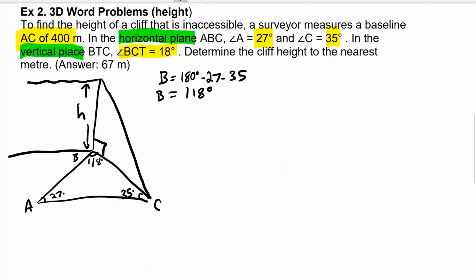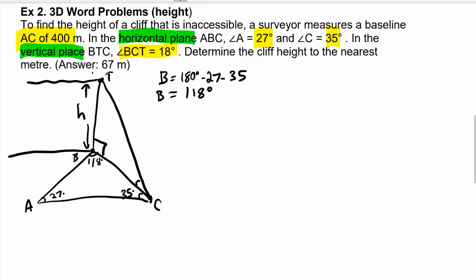I'm also told that in the vertical plane, BTC, so this is the top of my triangle over here. B is over here and C is over here. I'm told that angle BCT, going from B to C to T, means C is in the middle.